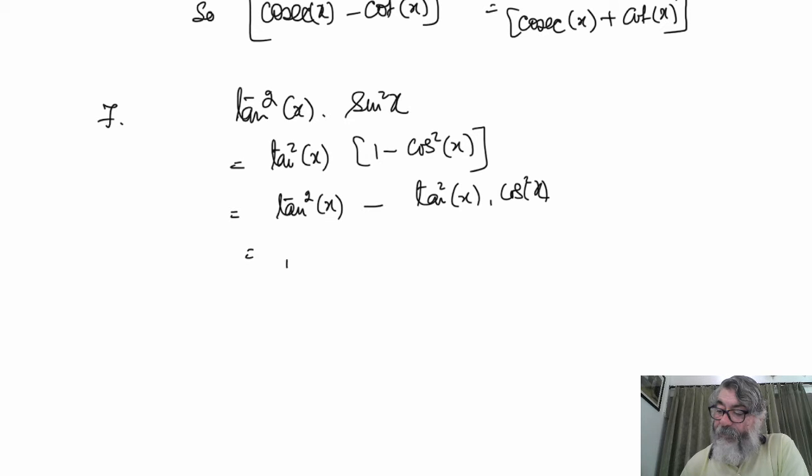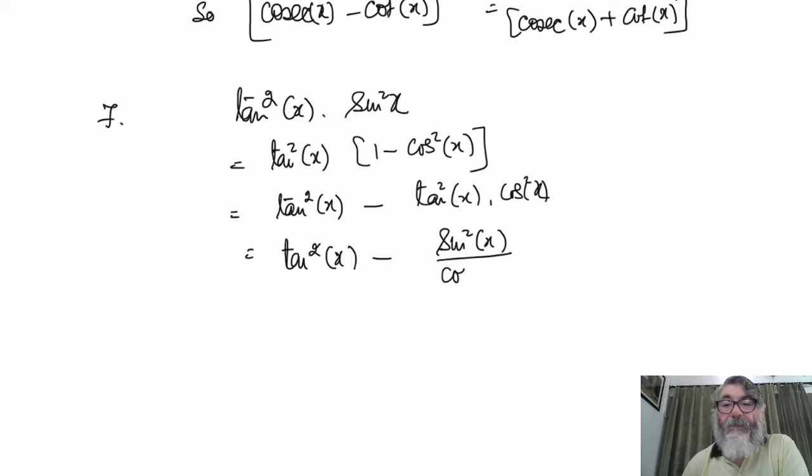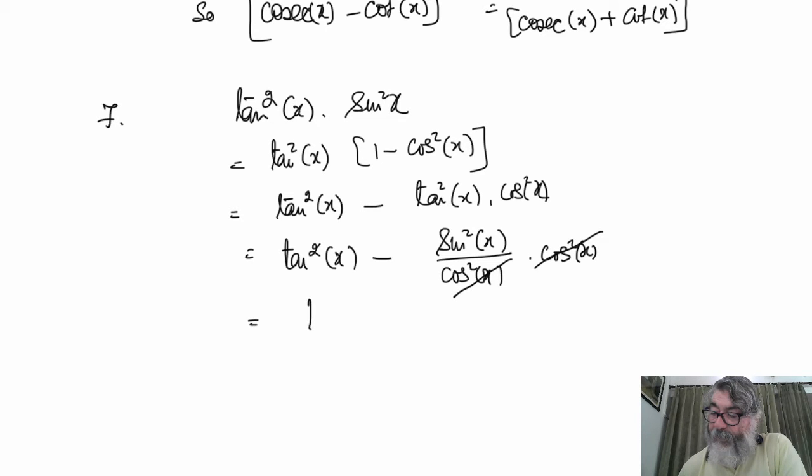And tan square x can be written as sin square x upon cos square x, into cos square x. They will cancel with each other. What will we get? Tan square x minus sin square x.